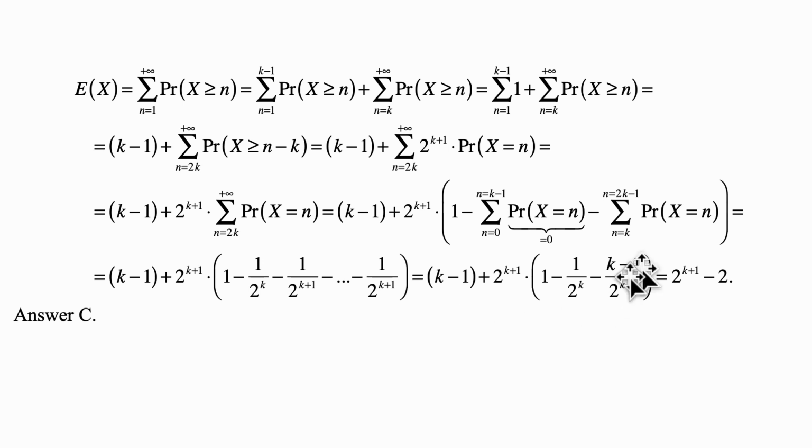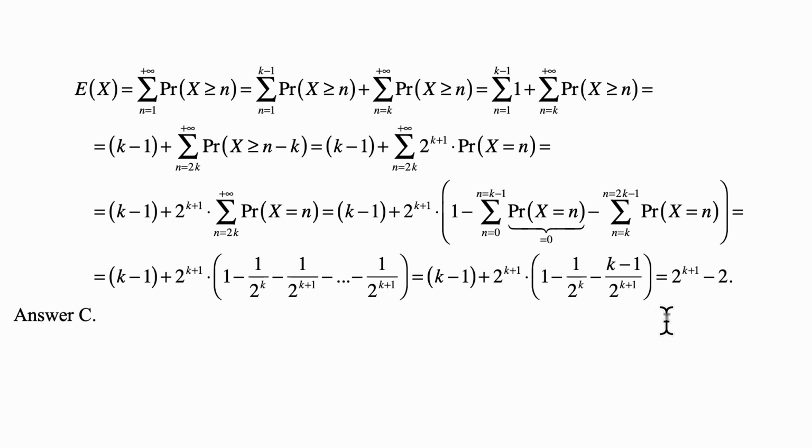And then how many of them are there? Well, it's this one and then k minus 1 of these 1 over 2 to the k plus 1. So this becomes k minus 1 plus 2 to the k plus 1 times 1 minus 1 over 2k minus k minus 1 over 2 to the k plus 1.